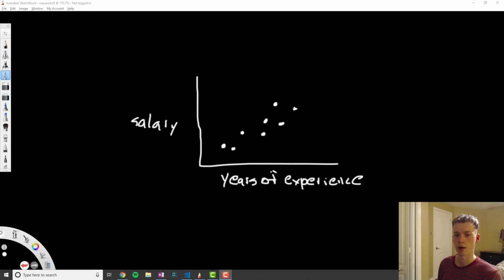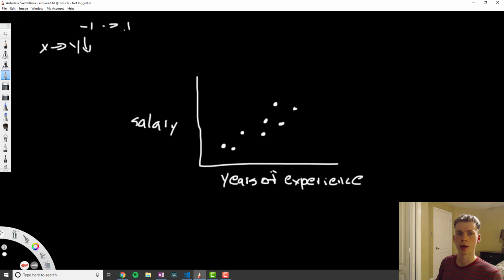For those of you who are familiar with that, correlation ranges from -1 to 1. If it's -1, that means that two variables are negatively correlated, which implies that as the value of x increases, the value of y will decrease.